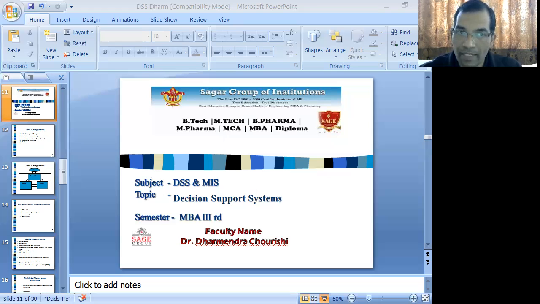So data warehousing is the place where you can store data for a big organization, for example Google or IBM or Microsoft. They always have their own warehouse where they store data. Storage of data is called warehousing.